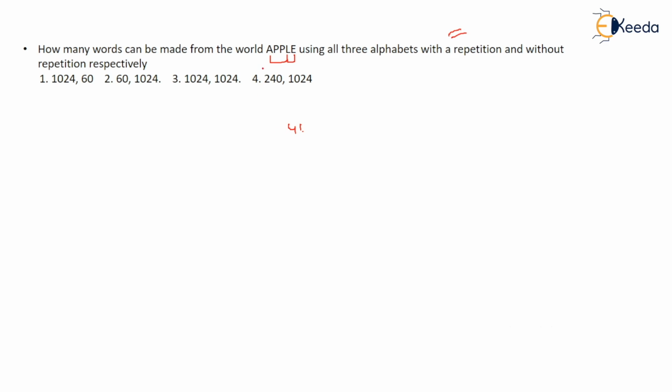There are four units, including these two, which can take their own positions, meaning the two Ps can exchange their position, right? So this you have to multiply two times, and again it can be taken as one unit, right? And they can exchange their position in two ways, and the remaining 3 plus 1, 4, is the number of ways it can be done, right? And repetition is allowed, that means 4 into 4 into 4 into 4.